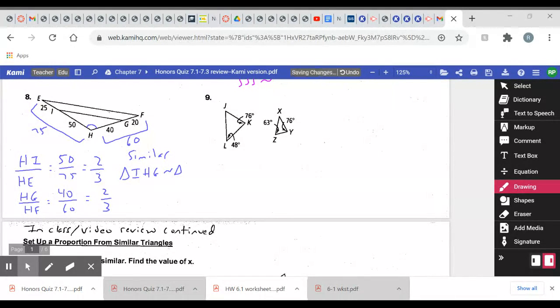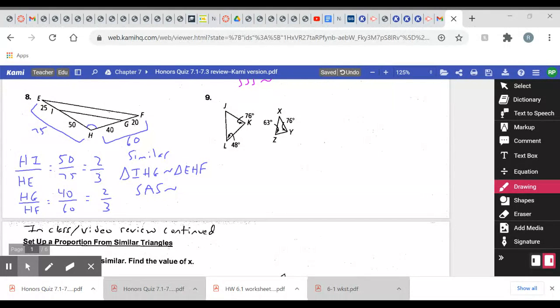So in this case, I went for the little triangle, went across the large side and then across the small side. And so I need to follow the same thing for the big triangle, across the large, across the small. So EHF. And then my reason is side angle side similarity.